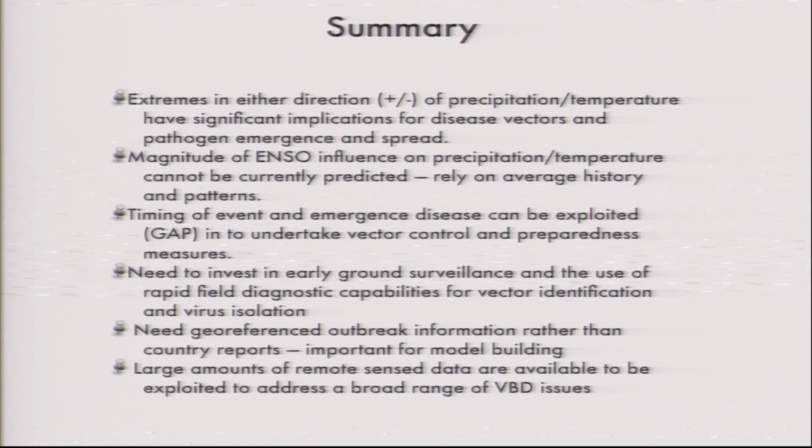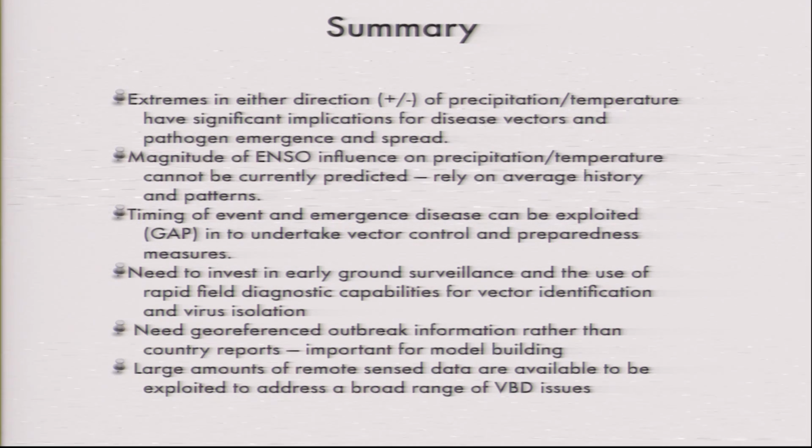Now, just some take-home points from this. The understanding of departures in either direction, whether positive or negative anomalies in temperature and precipitation, has important implications for vector-borne disease emergence and spread.